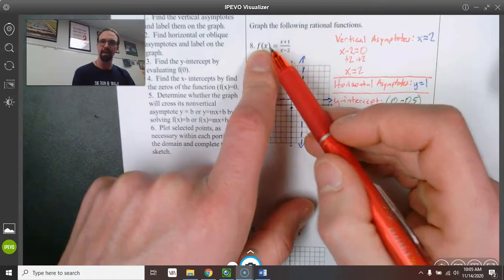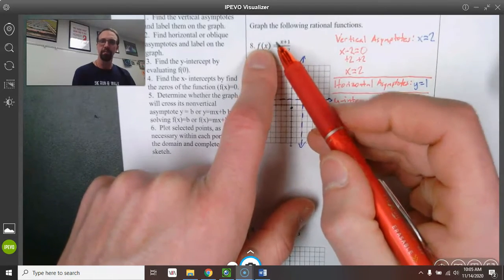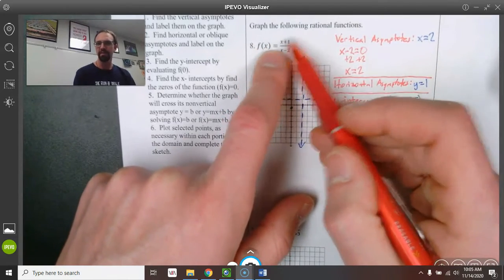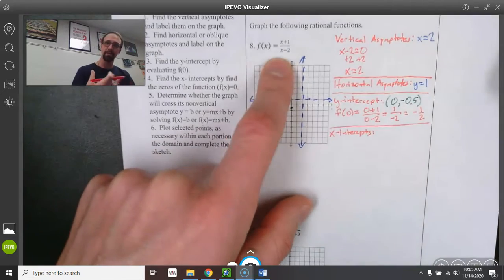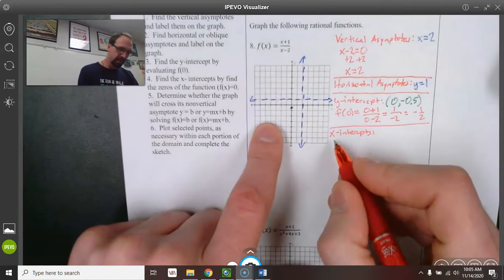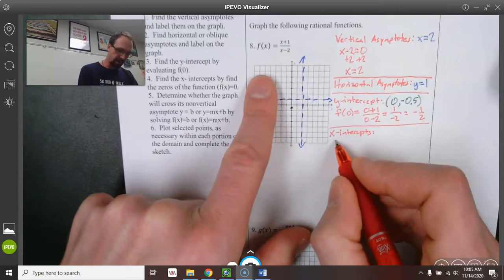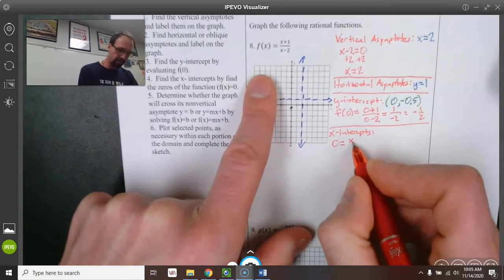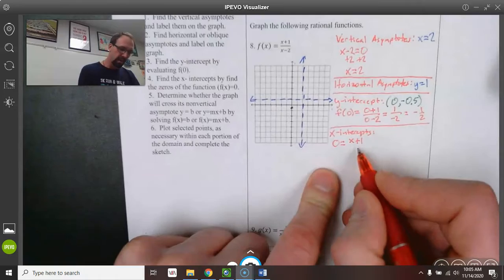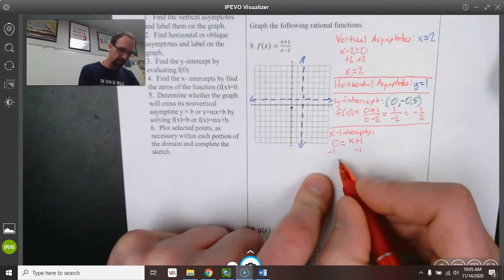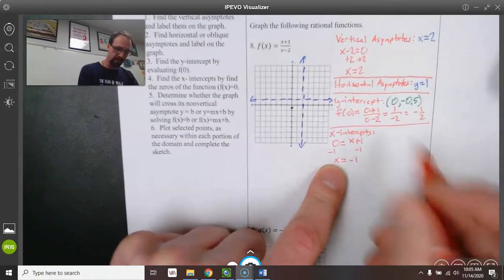So when I set f of x equal to 0, I'm just setting the numerator equal to 0, then solving. Why? Because 0 divided by any number is 0. So in this scenario, I have 0 equals x plus 1. Again, we ignore the denominator. Minus 1, minus 1. So I get x equals negative 1.